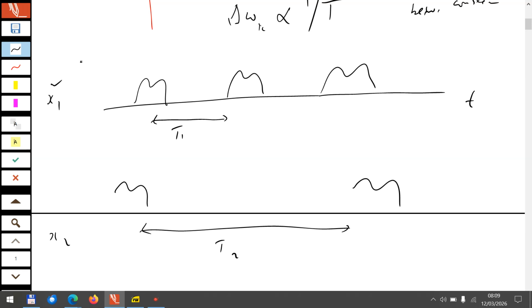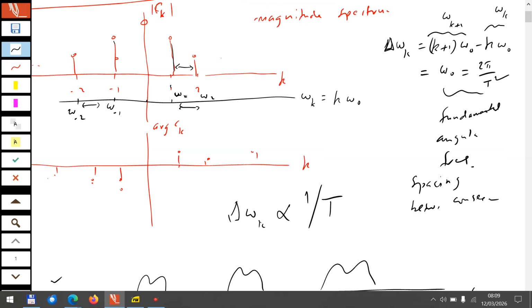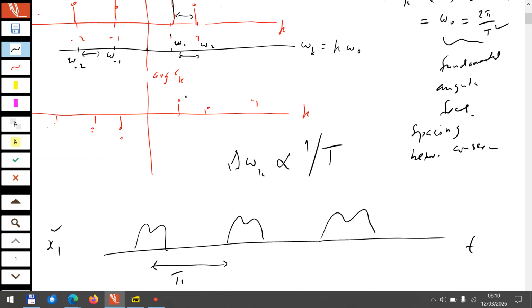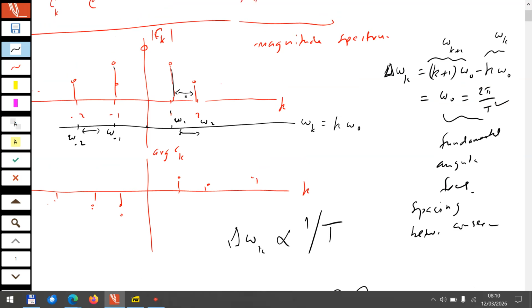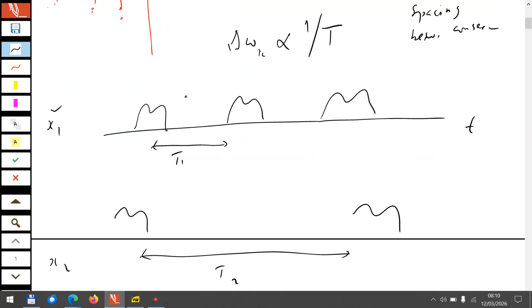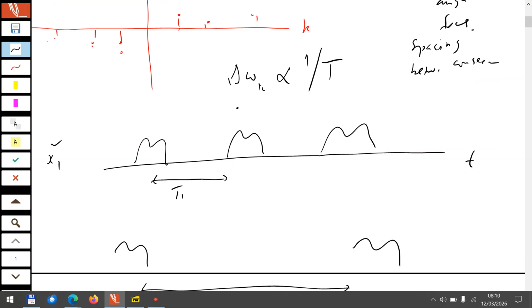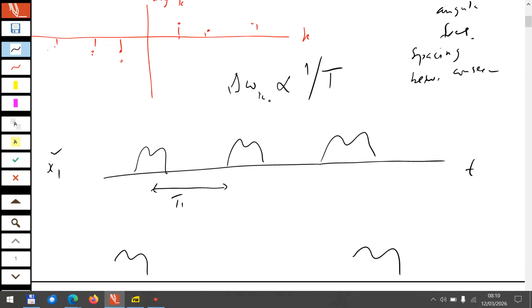For this one, these lines will have a smaller gap or a larger gap? Smaller gap, yeah. How can you say smaller gap? Because they're inversely proportional, right? So if T is small, this will be large, right?